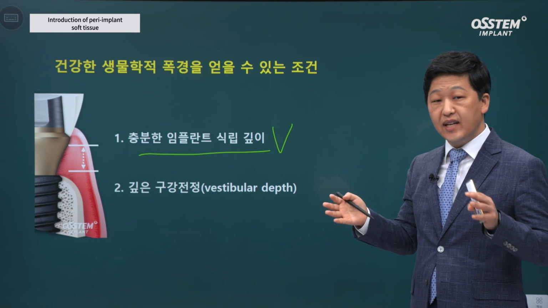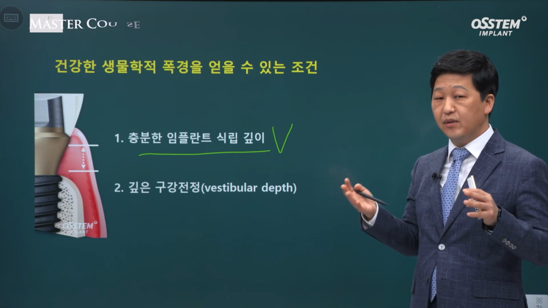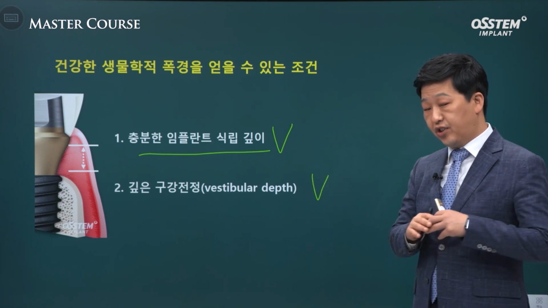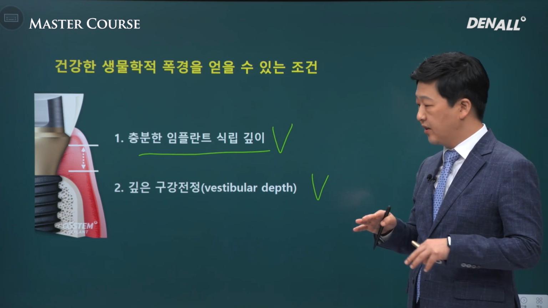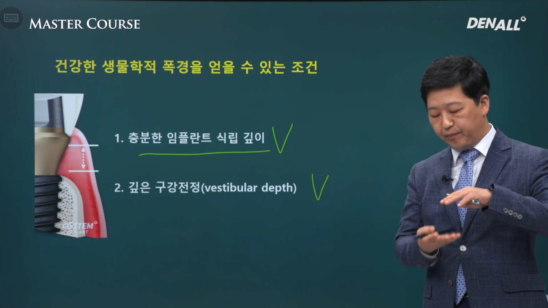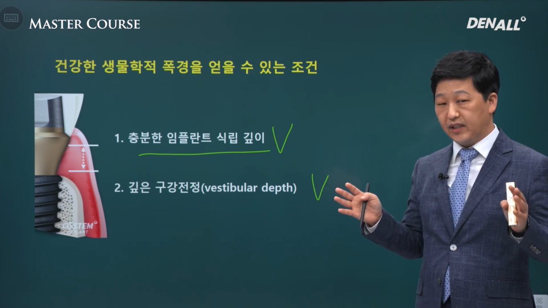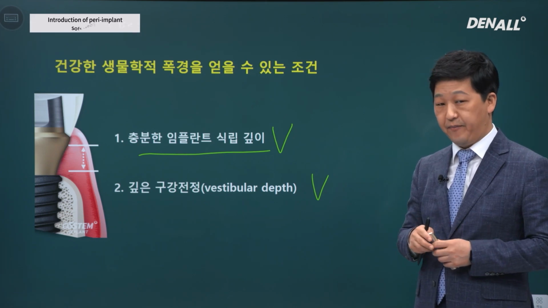You can place it with ideal biologic width and form ideal peri-implant mucosa. In the same context, the more posterior you go, the vestibular depth becomes shallower. You need to have a deeper vestibular depth to have a better peri-implant mucosa.